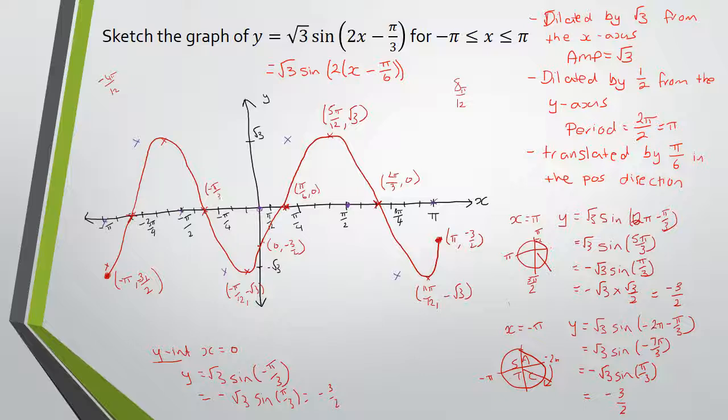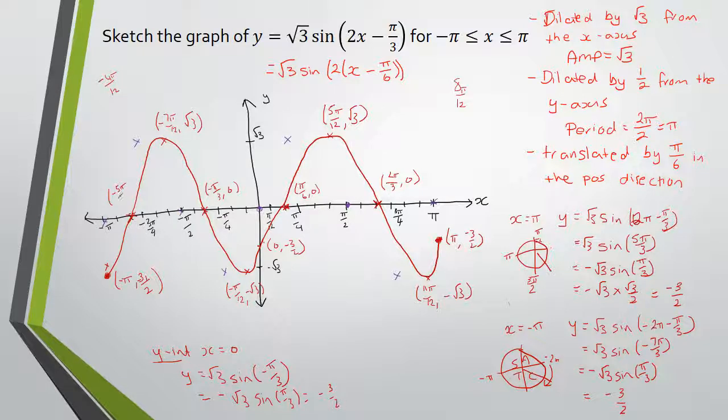Negative pi on 4, so it's negative 3 pi on 12 minus another one. We've gone back another way, so that is negative 4 pi on 12, which is the same as negative pi on 3 and 0.